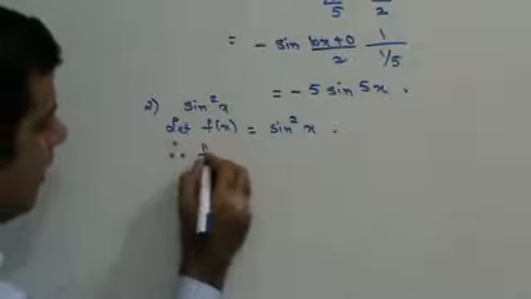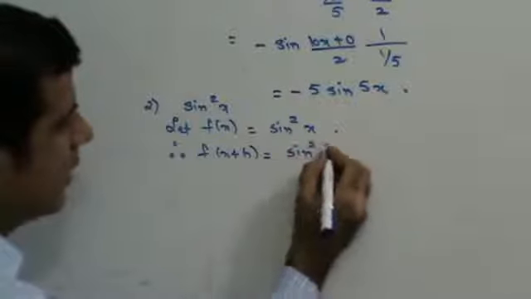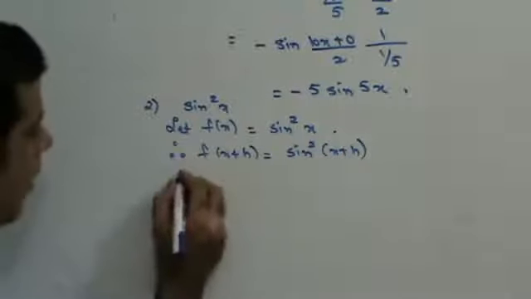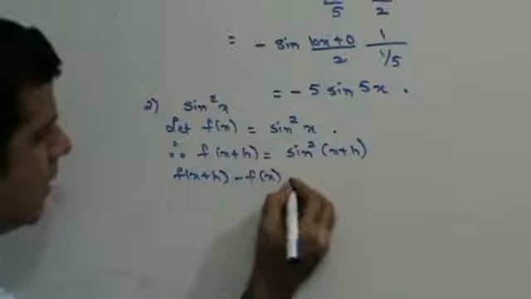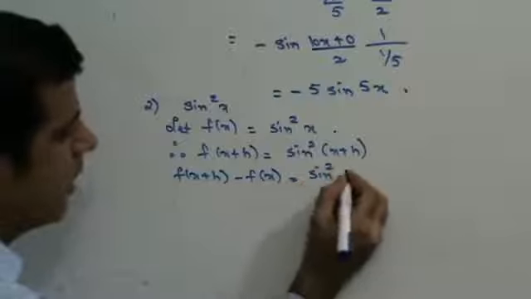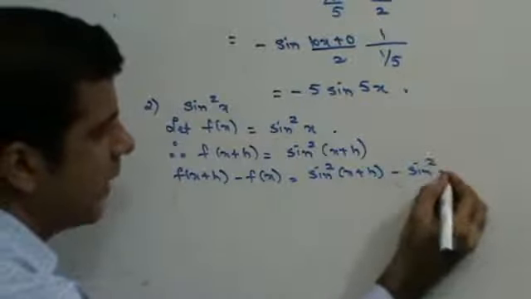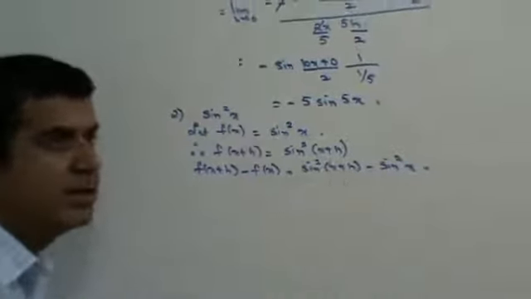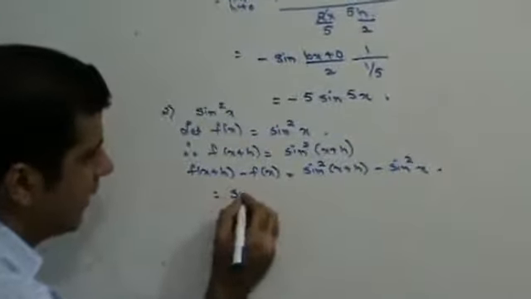Therefore, I can say f of x plus h is sin square of (x plus h). Now, f of x plus h minus f of x is sin square (x plus h) minus sin square x. This is in the form a square minus b square.